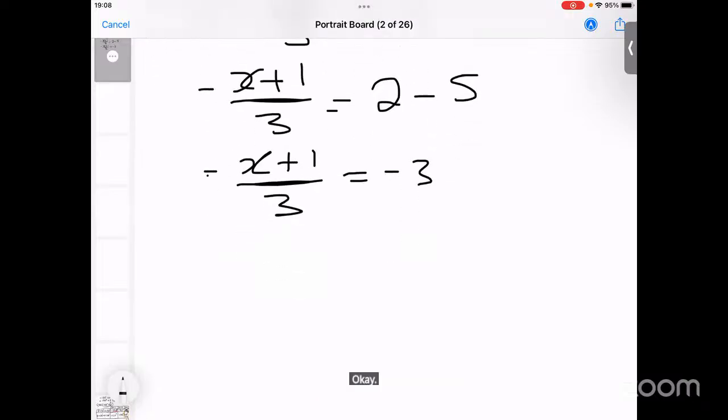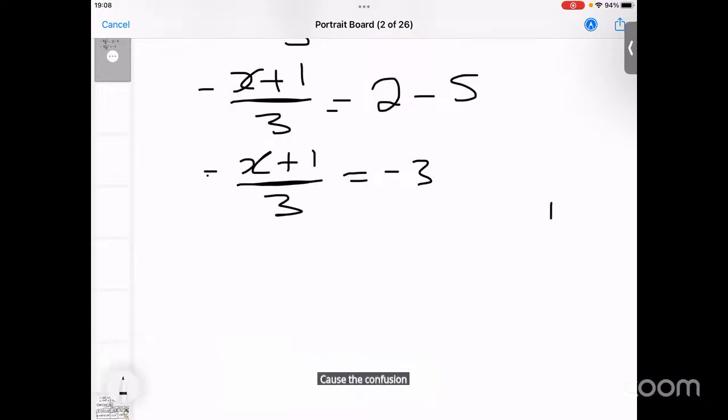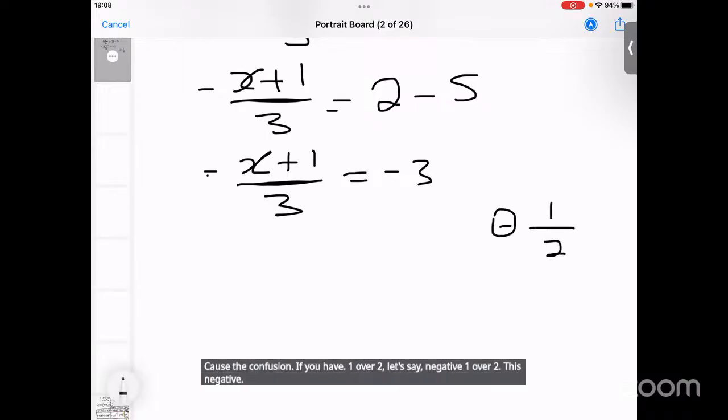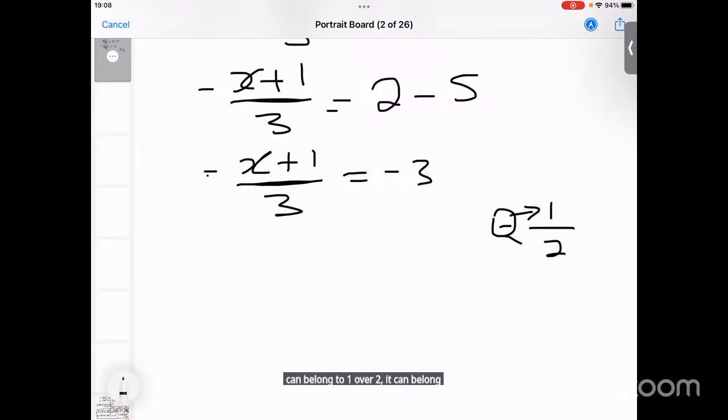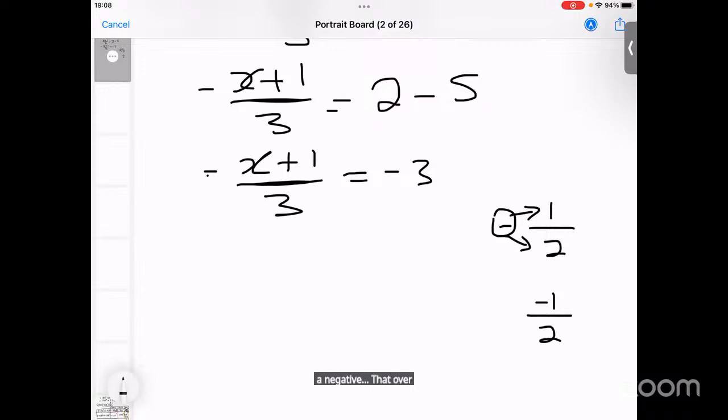Okay, most importantly, remember something very important regarding this negative. That's what caused the confusion. If you have 1 over 2, let's say negative 1 over 2, this negative can belong to 1 over 2, it can belong to 1, it can belong to that, which means it can be a negative that over that. It is still the same as 1 over negative that.